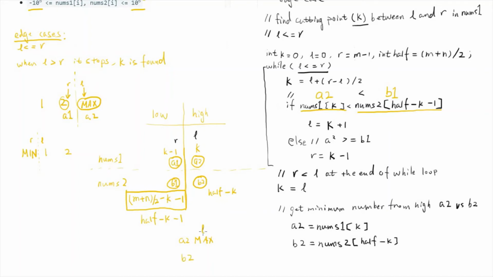When L moves to a position which is out of boundary, we're going to assign value max. And on the left side, if A1 is the first number in the array nums1, and when R moves outside of the boundary, then we will use the constant minimum as a value at the position R, and the same thing for B1.